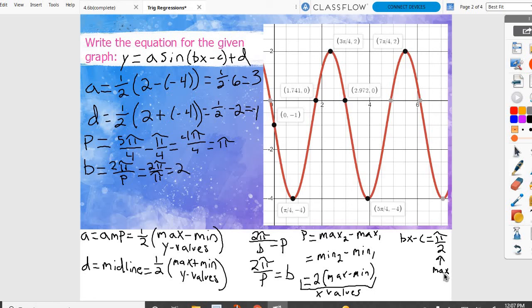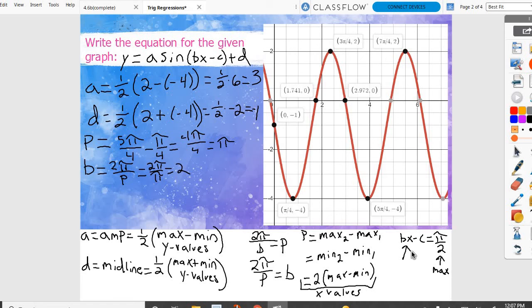If you used a minimum, you would put it equal to 3 pi over 2. Now, did we already find our b value? Yes? So I can plug the b that I found into here.